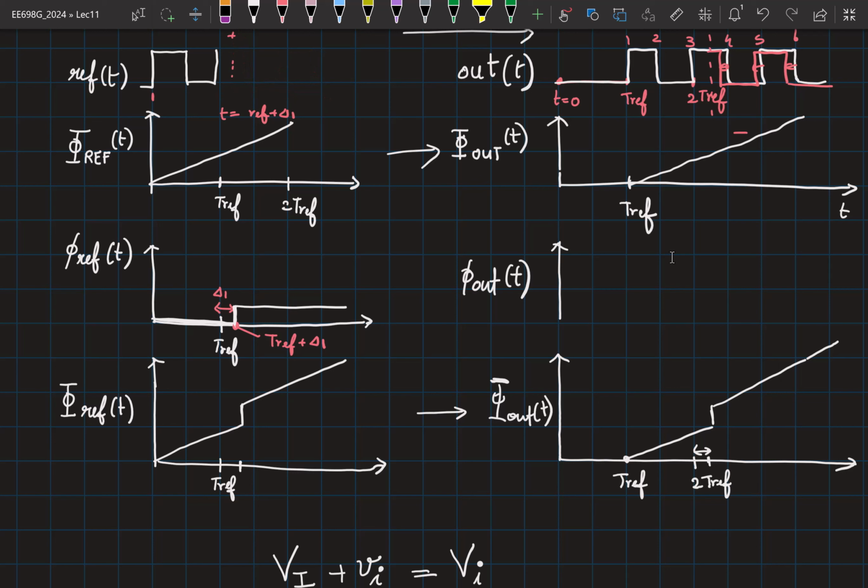So let's assume that in the absence of any small signal, you had the ideal square wave like this, right? Now the small signal step is happening at this point, right?